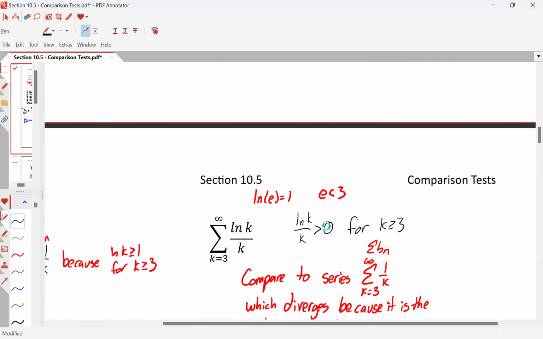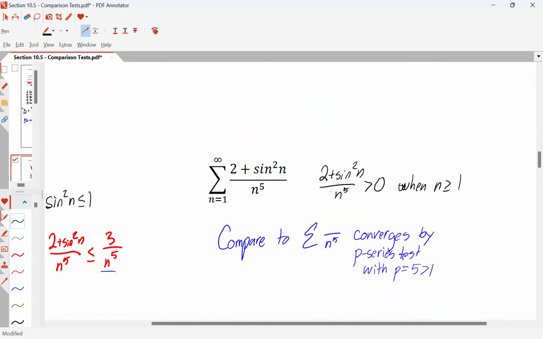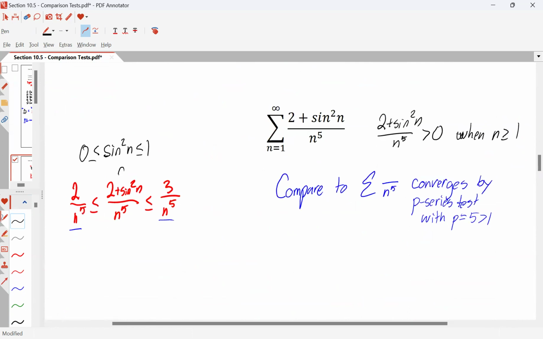So going back, an is the series we want to know about, or the sequence for the series we want to know about. We're comparing to the series of bn. And because we're comparing to a convergent series, we want an to be smaller than bn.